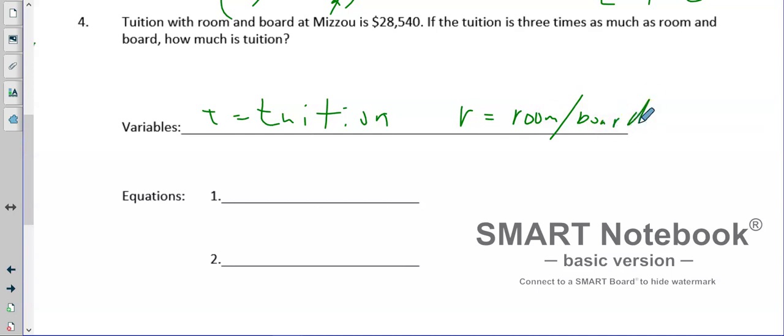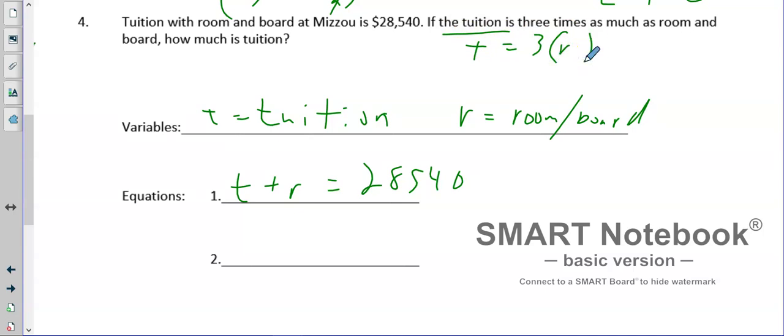So we know that tuition plus room and board equals $28,540. It says, we're just going to translate verbatim. It says tuition is 3 times whatever room and board is. We literally just translate word for word, and that's our equation. T equals 3 times R.